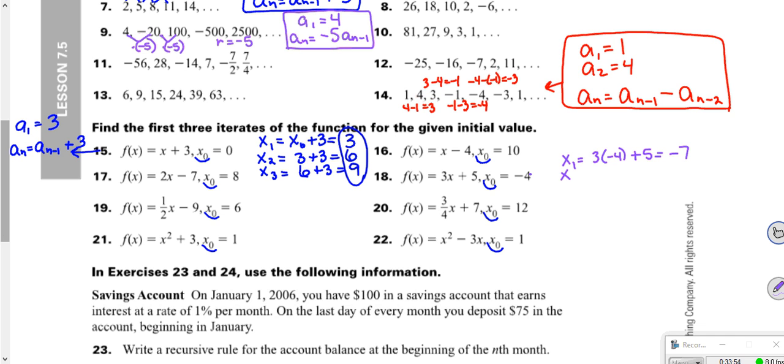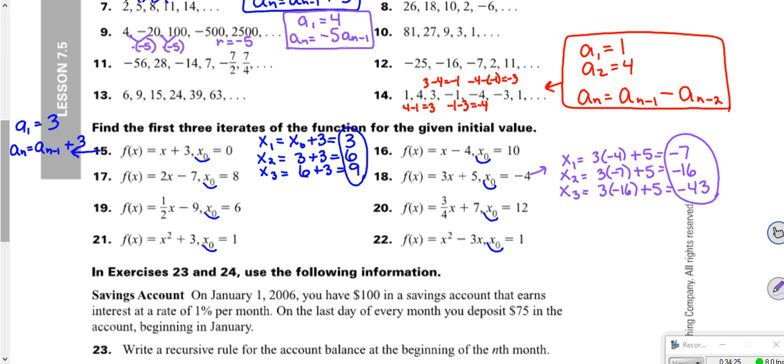My second term, x sub 2, is going to be 3 times negative 7 plus 5, which is negative 16. And my x sub 3 term is going to be 3 times negative 16 plus 5, which is negative 43. So the first 3 iterations are negative 7, negative 16, negative 43.